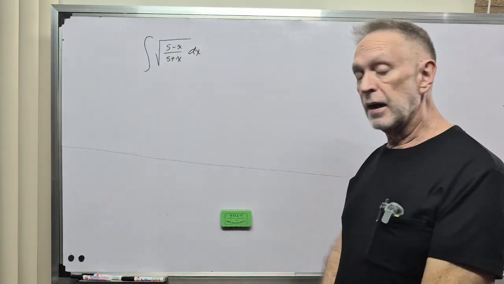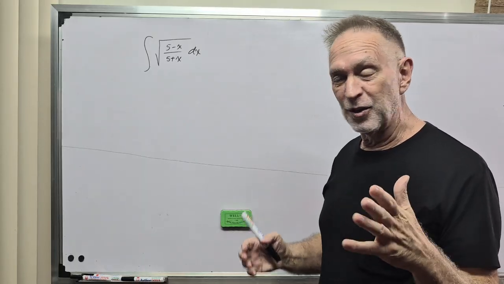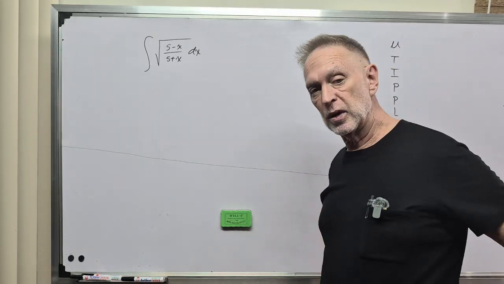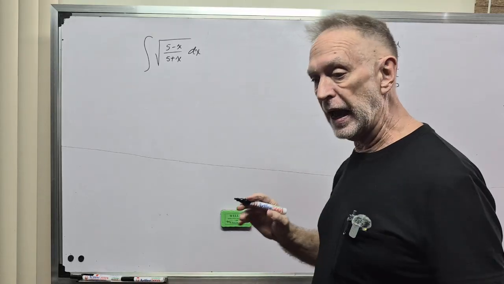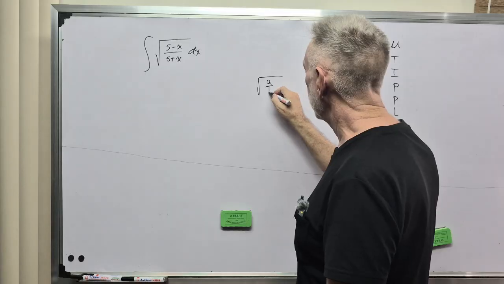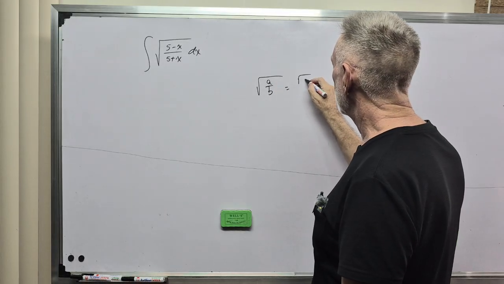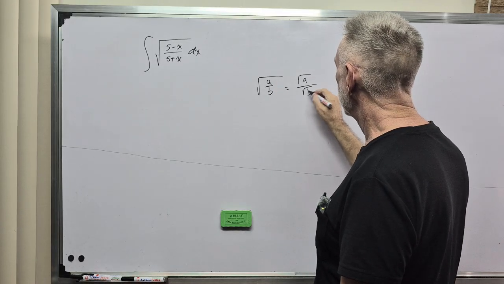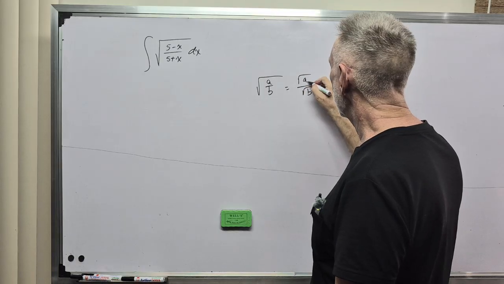Now in this one, when you first look at it, you may think, what to do here? Well, in algebra you had the rule that the square root of a over b is the square root of a over the square root of b. You could break it out like that.